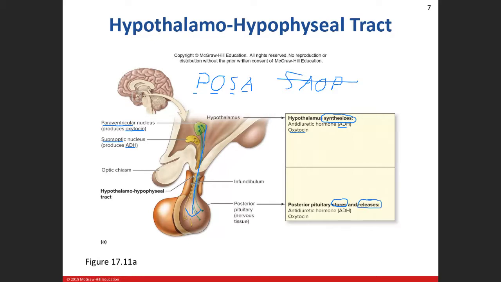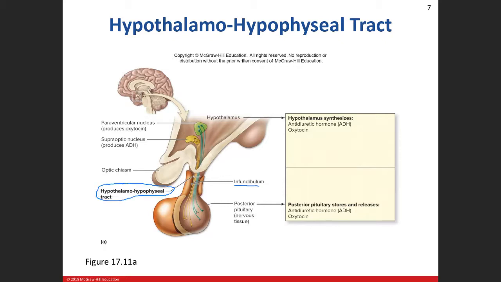Make sure you're aware of your synonyms, various words that you can use to describe the same thing. When it travels through the infundibulum, it's traveling through what we call the hypothalamo-hypophyseal tract.